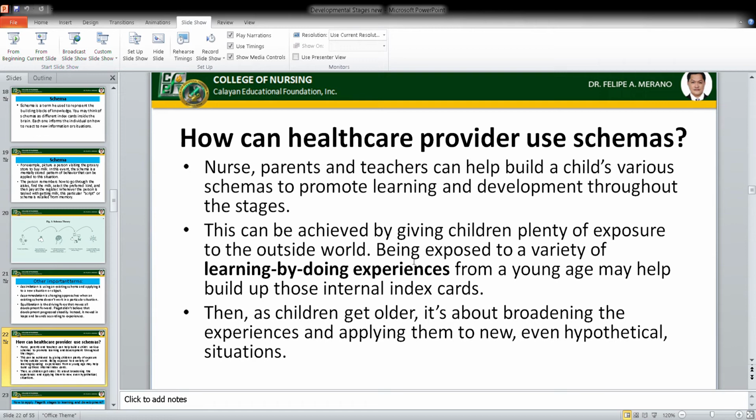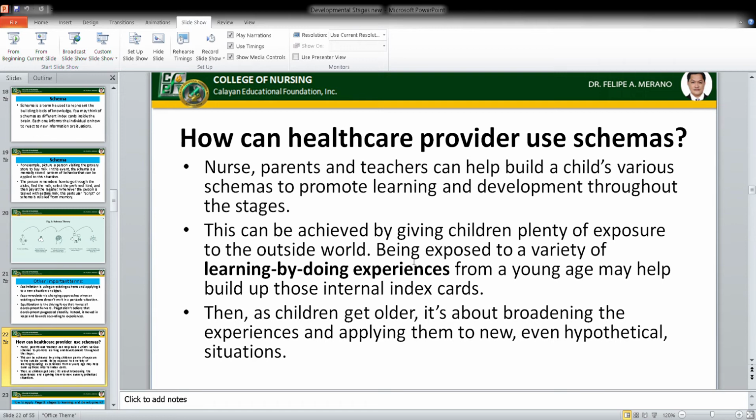Then, as children get older, it's about broadening the experiences and applying them to new, even hypothetical situations. So, when you grow old or when you increase your knowledge in nursing, if you are being taught to do this using the different steps, for example in hand washing, in assessing the patient's skin, hair and nails, when you further your development in knowledge in nursing, those applications will be improved further.